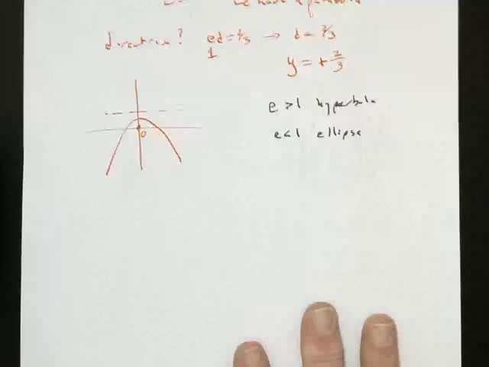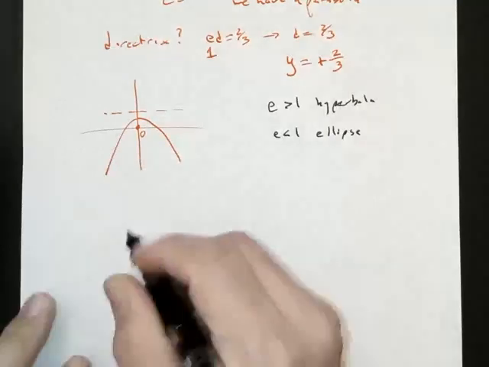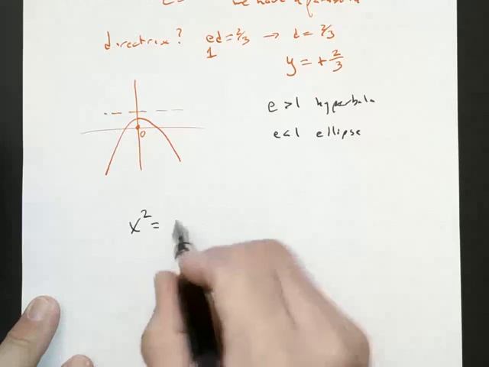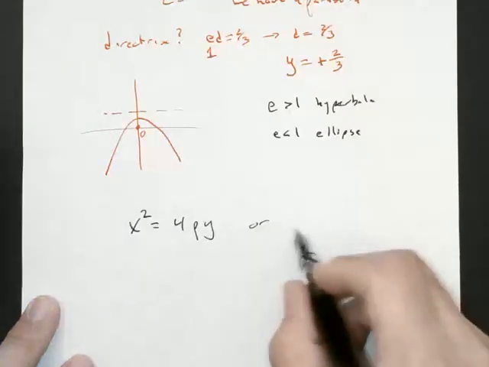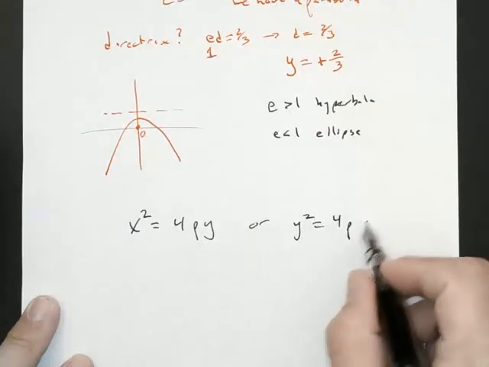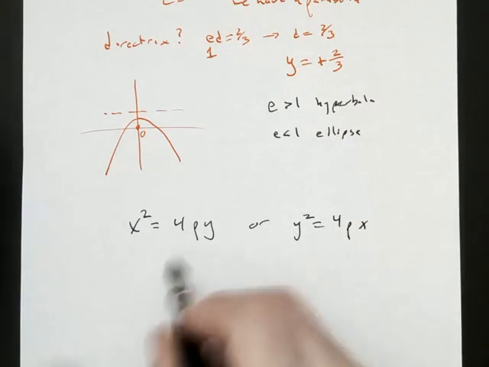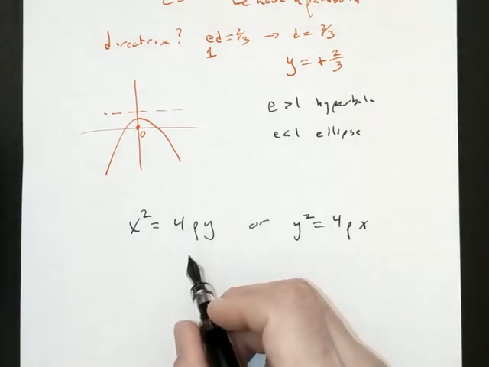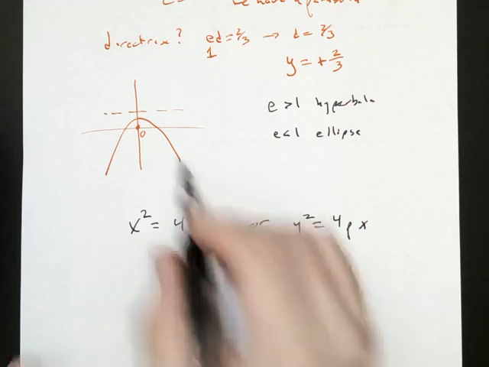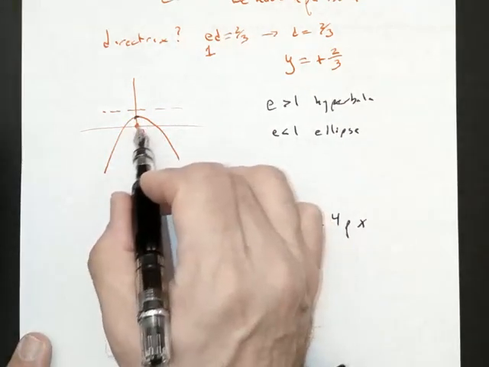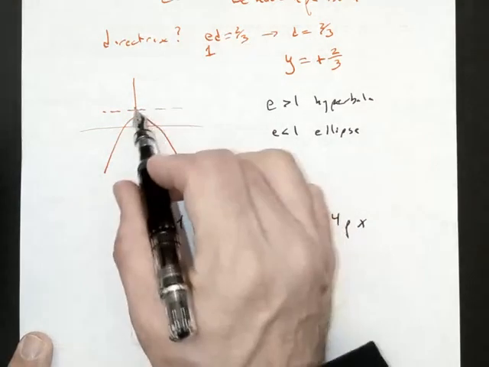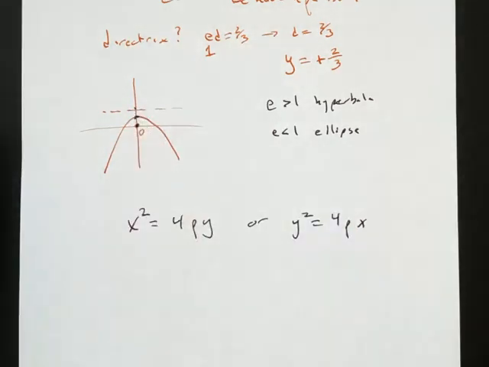The equation for a parabola is... so really all I have to find is this one number p. And p is the distance from the vertex to the focus or from the directrix to the vertex. Since there's only one distance involved, we just call it p instead of a, c, whatever, right?